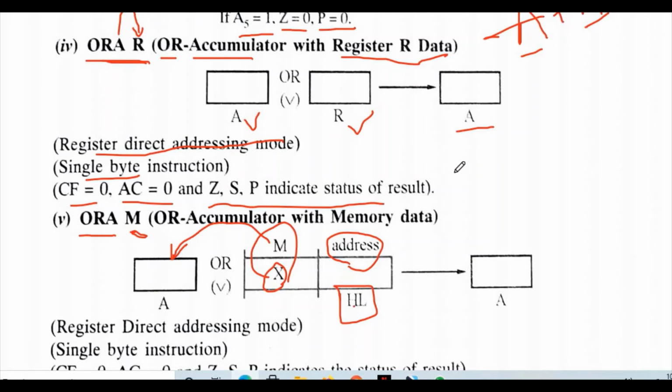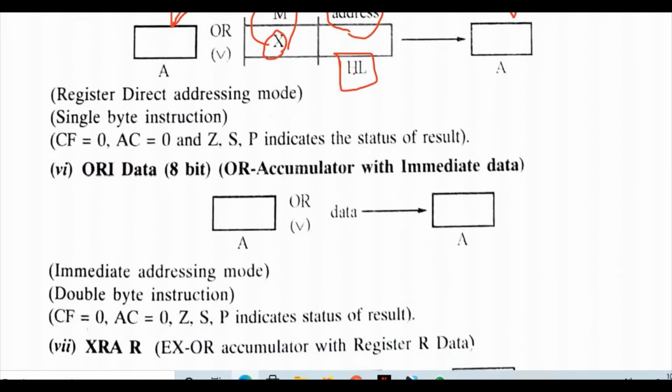Next, the sixth instruction is ORI 8-bit data. This is again immediate addressing mode. I stands for immediate. In immediate addressing mode, there is 8-bit data given along with the instruction. It will OR the contents of the accumulator with the immediate data. Let it be 20H.